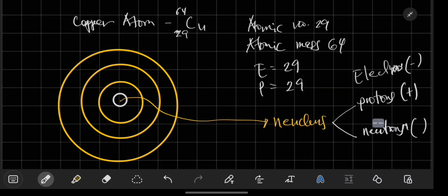Okay? How about the number of neutrons? So the number of neutrons is simply the difference between the atomic mass and the atomic number.